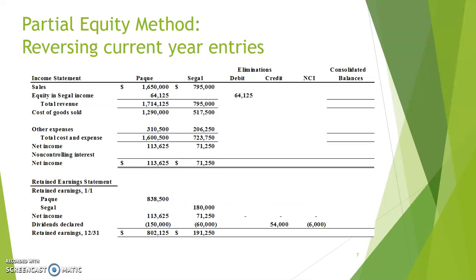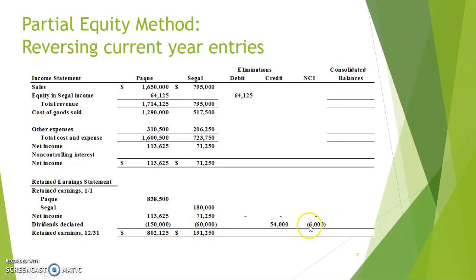So we go to the worksheet and we make a debit in the equity in subsidiary income, this would eliminate this amount here of 64,125. We would eliminate the dividends declared by the sub. We are going to credit 54,000, which represents 90% of 60,000.